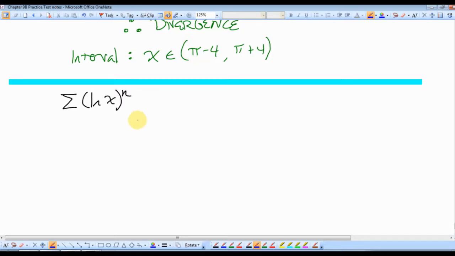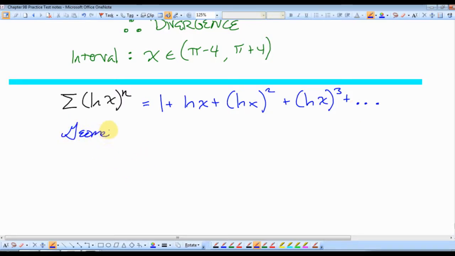If you're not sure, you want to write that out. So that tells me that I have a geometric series. I'm going to write the words geometric power series, just to be fancy.